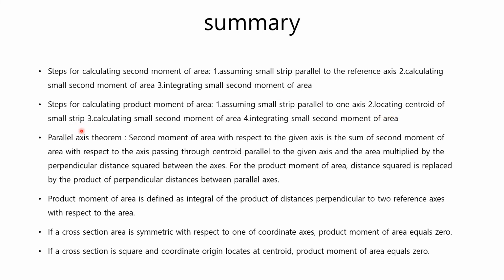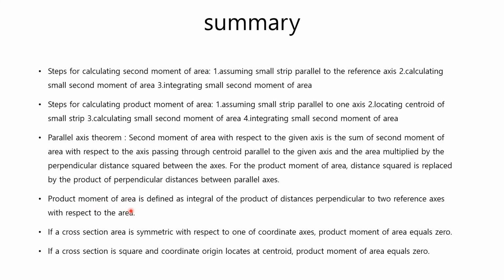The parallel axis theorem tells us that the second moment of area with respect to the given axis is the sum of the second moment of area with respect to the axis passing through the centroid parallel to the given axis, and area multiplied by the perpendicular distance squared between the axes. For the product moment of area, the distance squared is replaced by the product of perpendicular distances between parallel axes.